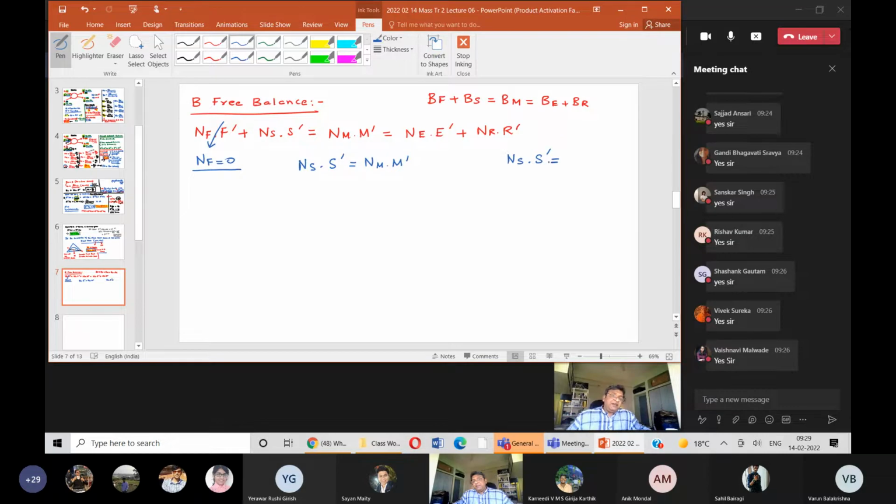is infinity and S dash is 0 and NS is infinity, right? What is it? NS is equal to B in S divided by A in S plus C in S, and S dash is equal to A in S plus C in S, right?